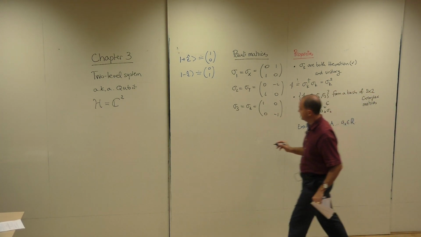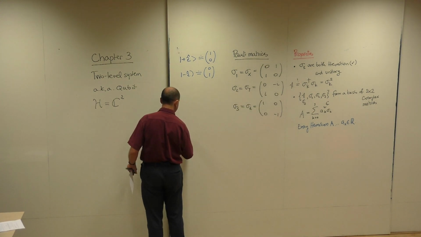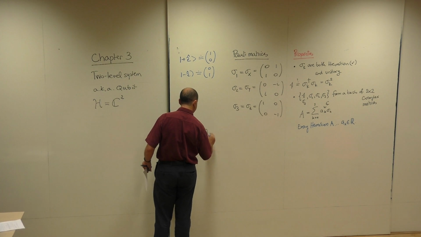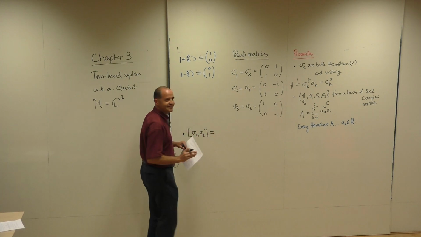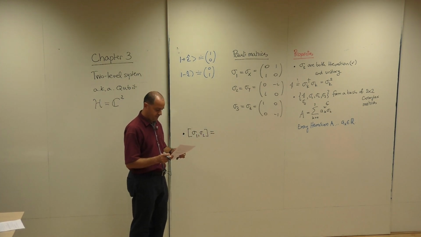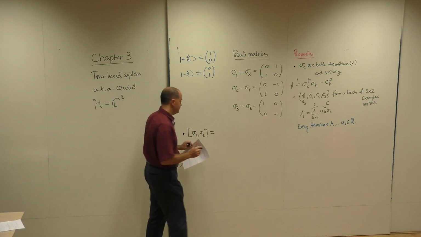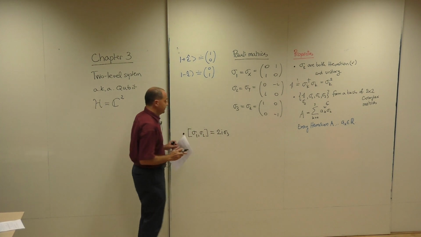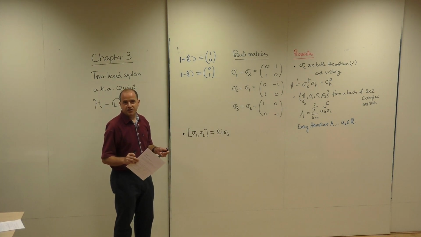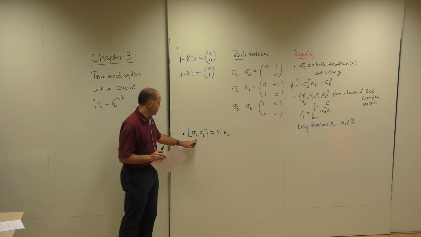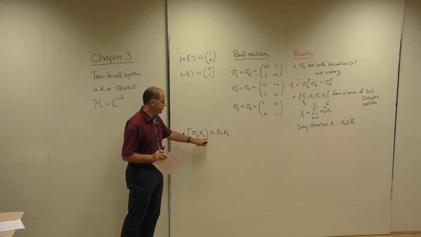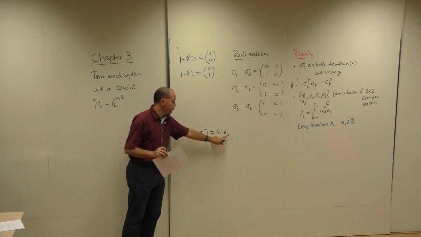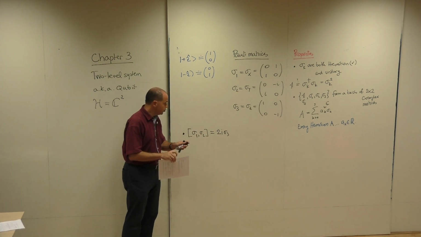You can check that the commutator of sigma 1 and sigma 2 is equal to 2i sigma 3. And as you probably can imagine, and you can verify, this is true if I do sigma 2, sigma 3, which will be equal to 2i sigma 1, and sigma 3, sigma 1 will be equal to 2i sigma 2.